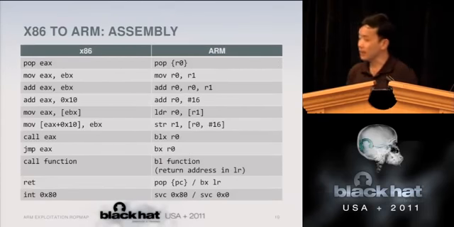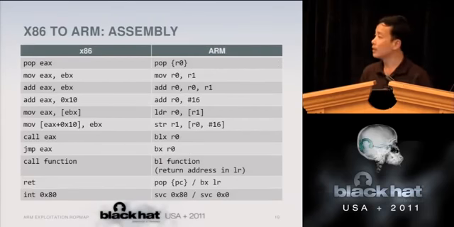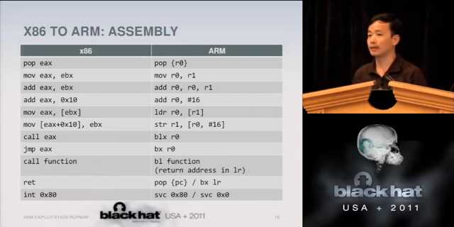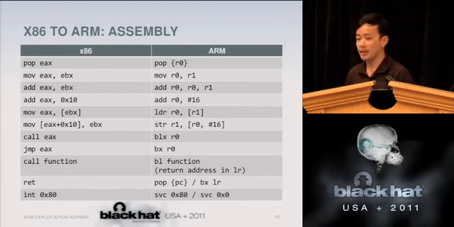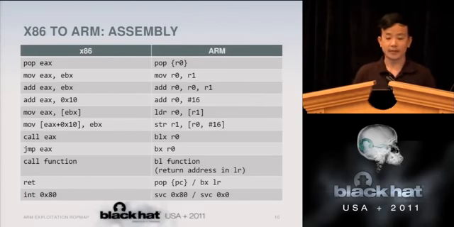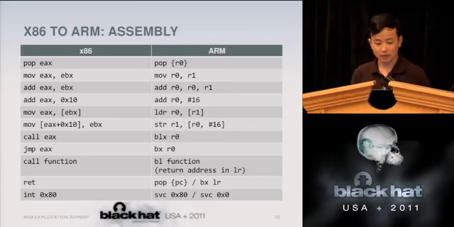About the assembly, we just show here some commonly used assembly instructions on x86 and their equivalents in the ARM architecture. Most of the instructions here are used in exploit writing, so we just show the common ones.